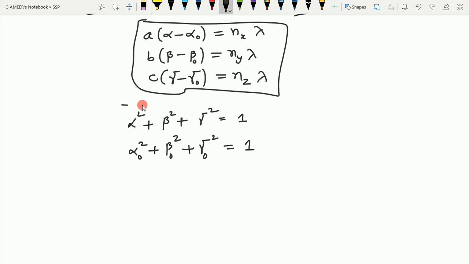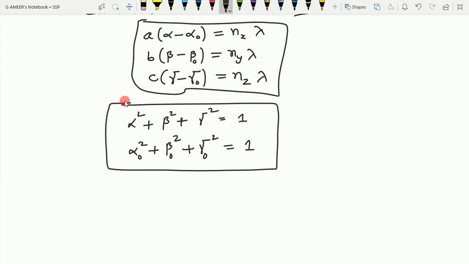This is easy to prove also. Okay, fine. So these are the fundamental equations. Even from these equations we can derive the Bragg's equation also. They are not different from the Bragg's equation; they are just another way of representing it.